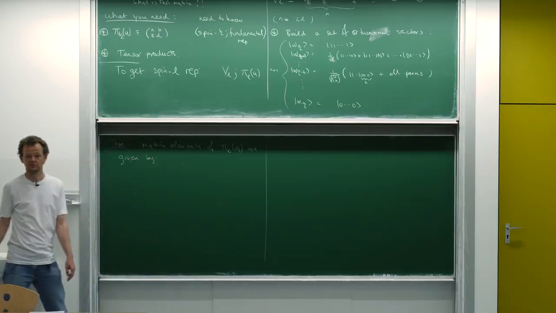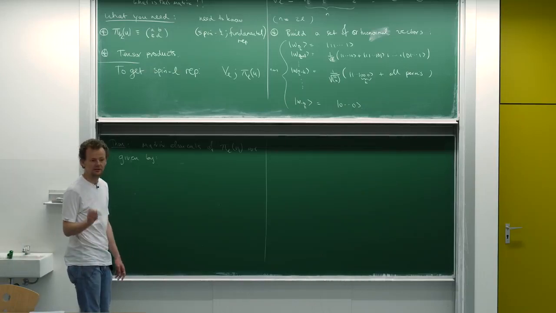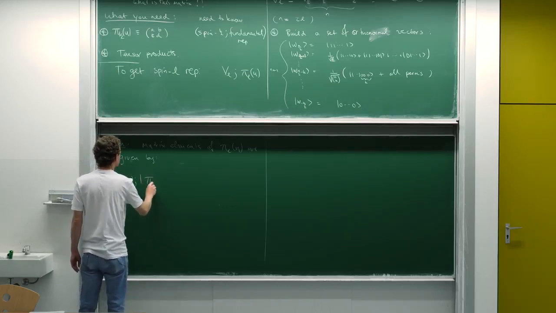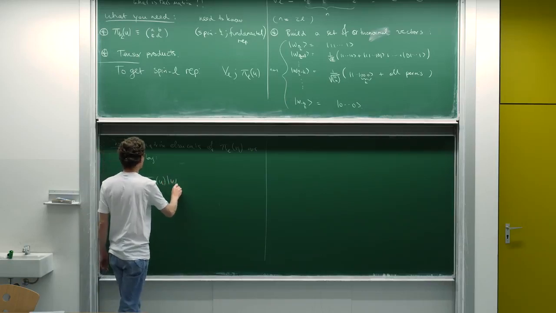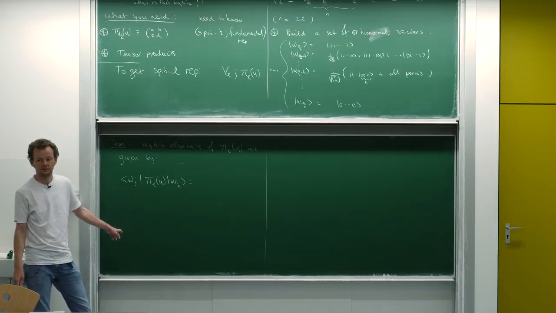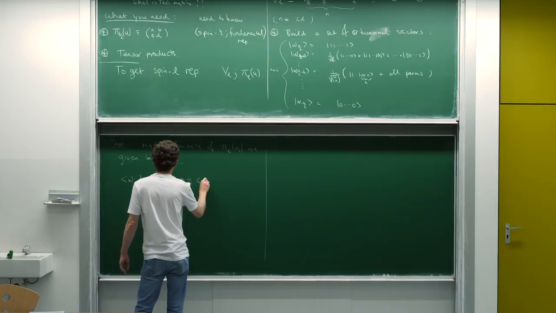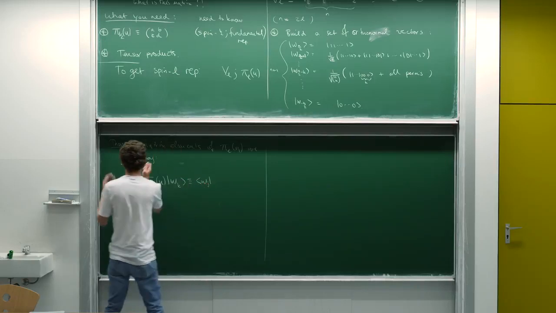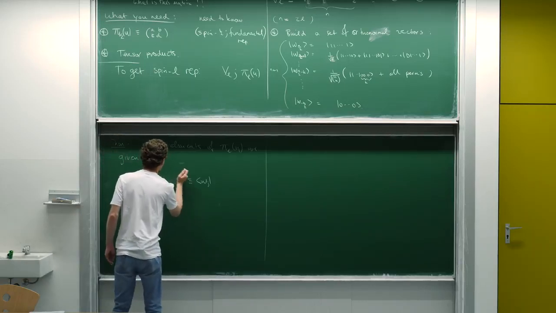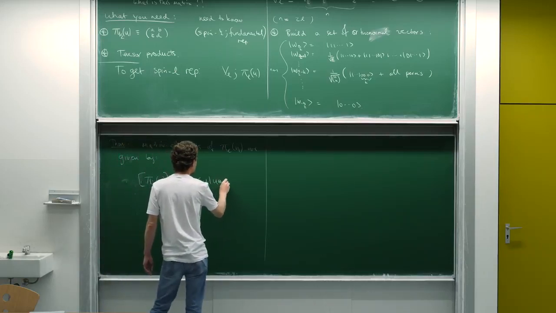So then, let's work out the matrix elements of pi L of u. This is the hard job that we have, right? Or is it hard? Actually, maybe it's easy, and it is indeed easy. So here it is. These matrix elements, these 2L plus 1 times 2L plus 1 complex numbers, are none other than these numbers here.